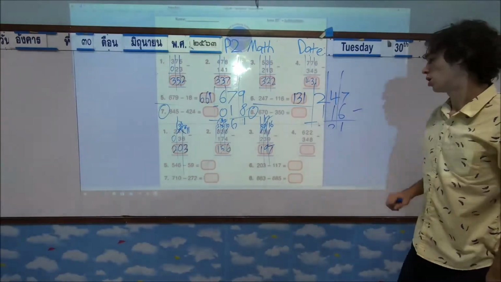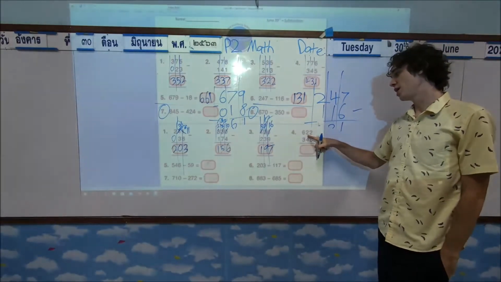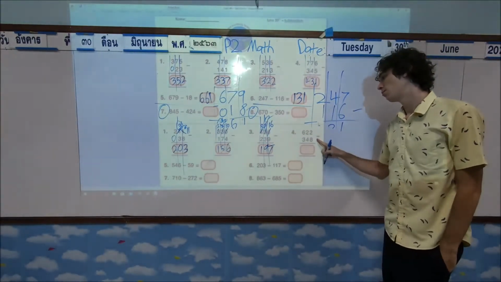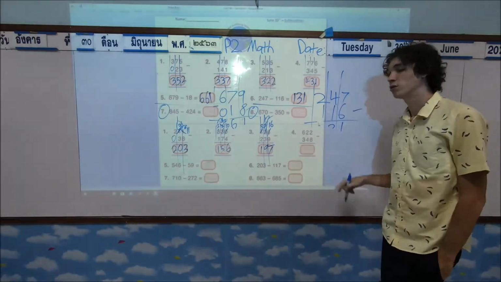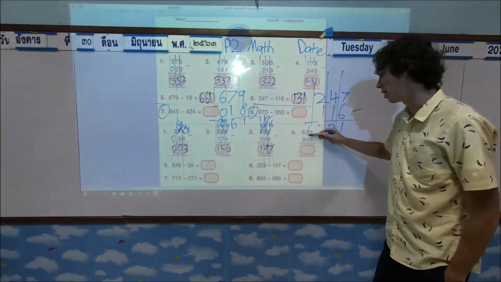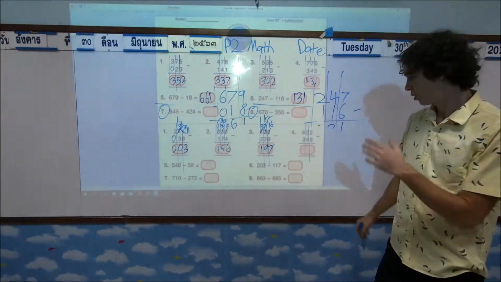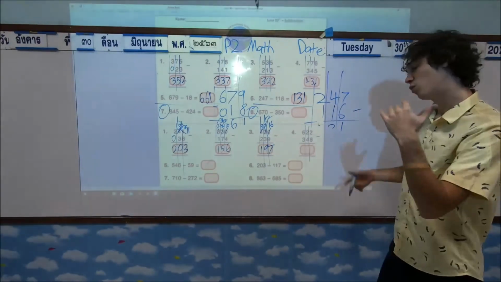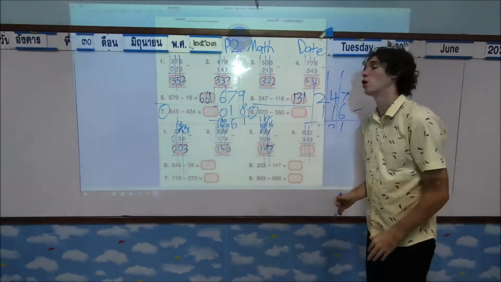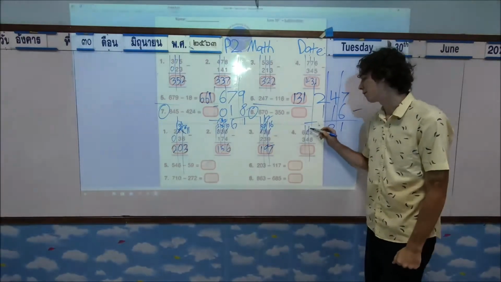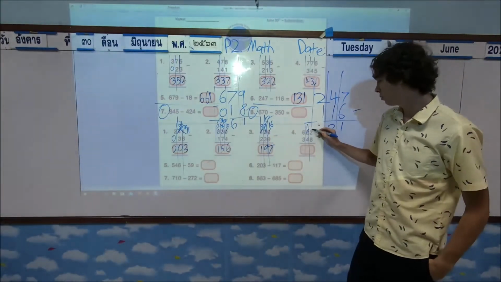Okay, number 4. 622 minus 348. Write it up and down. 2 minus 8, we cannot, we have to borrow. Borrow from the 2, that's a 1.